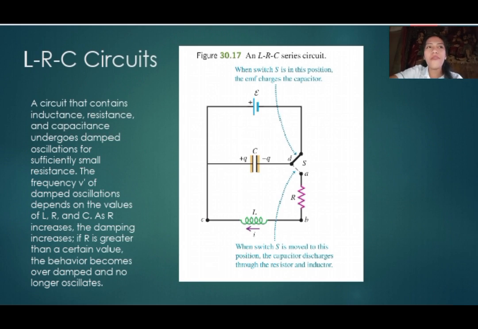So we have the effect of resistance in LRC circuits. As the resistance increases, the damping effect becomes stronger. If the resistance is very large, the circuit becomes overdamped, meaning oscillations no longer occur.